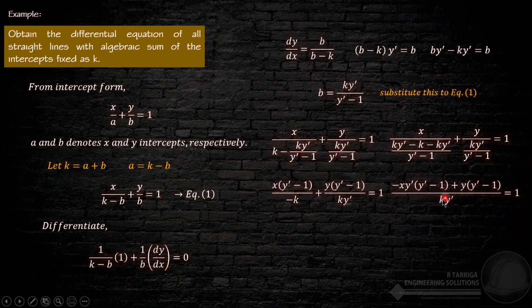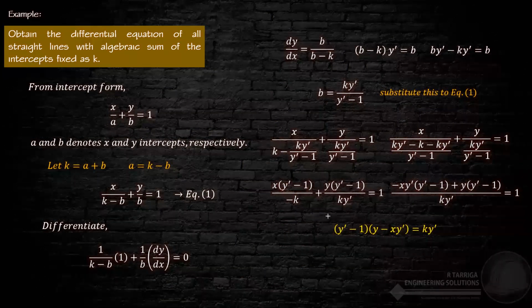So simplifying that one, i-cross multiply mo lang yung ky prime doon, it will become like this. (y prime − 1)(y − xy prime) is equal to ky prime. This is now the final answer. Okay? Final answer na siya. So this is now the differential equation of all straight lines with algebraic sum of the intercepts fixed as k. Okay?